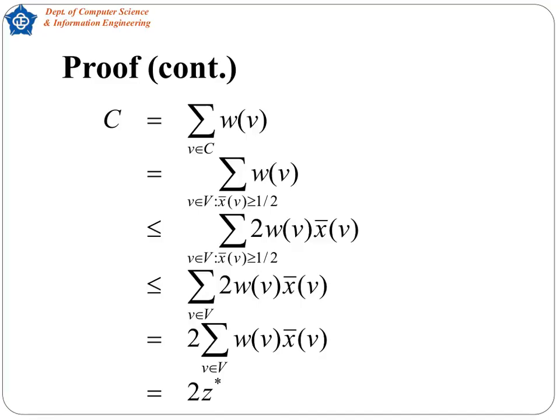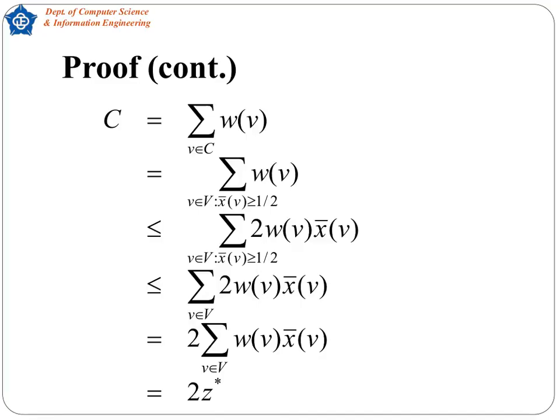C equals the sum over v in C of w_v, which is less than or equal to the sum over v in C of 2 w_v x_v. Next, notice that extending the index set from C to all of V can only increase the sum, yielding C is less than or equal to the sum over v in V of 2 w_v x_v, which equals 2 times the sum over v in V of w_v x_v.